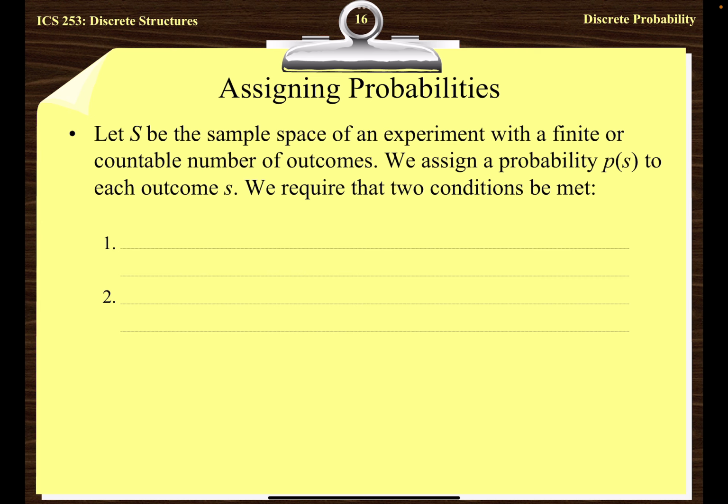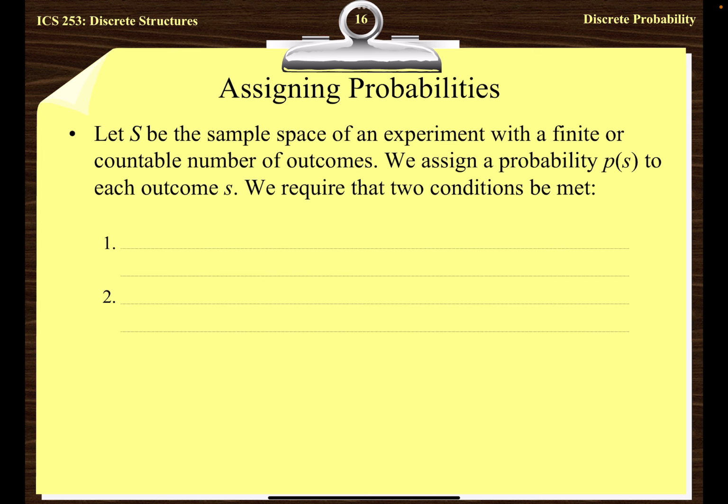Do you see now a deviation from the definition that we gave in section 1? In section 1, what did we require S to be? Finite. Now we are relaxing this requirement to finite or countably infinite. Okay?